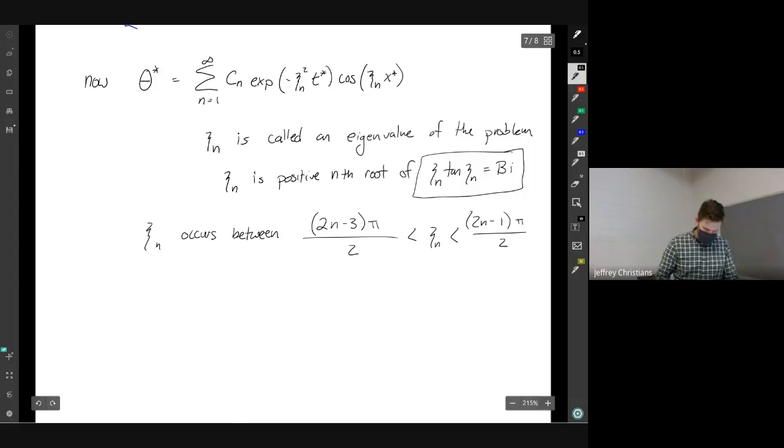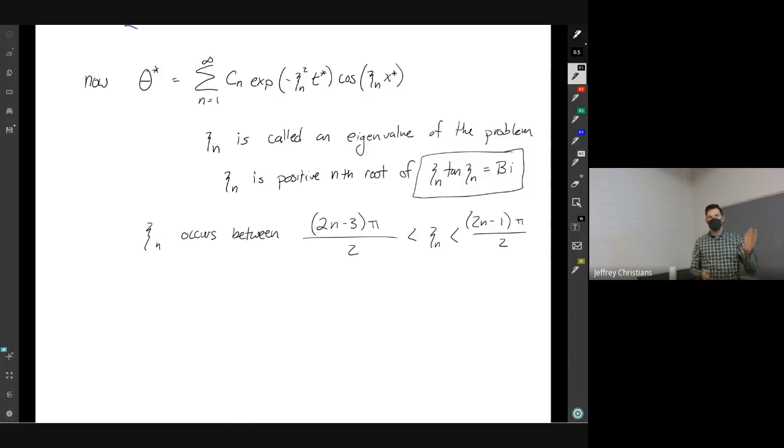Okay, so what does that mean? The first one is a positive root, so it occurs between 0, it says negative pi over 2, but we can't go negative, so between 0 and pi over 2. The second root occurs between 3 pi over 2, 1.5 pi, and 2.5 pi.